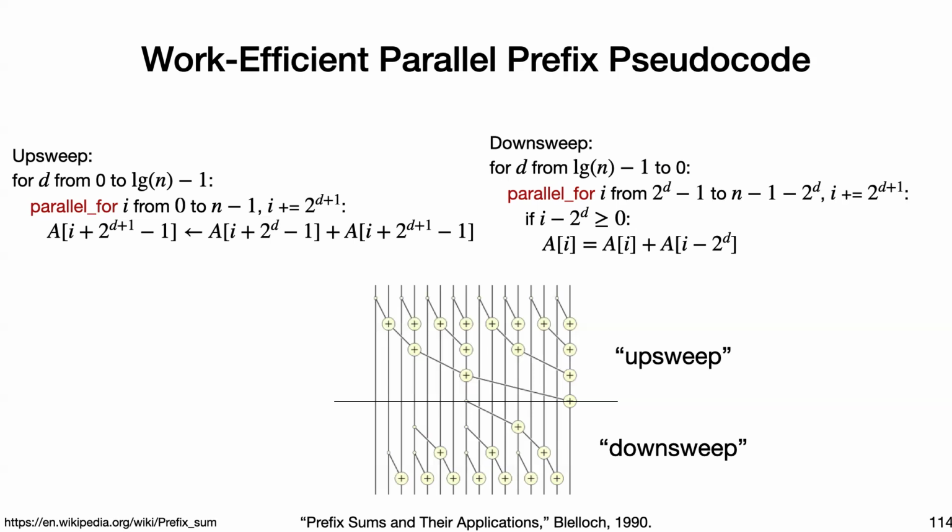Yeah, so just in the first iteration, when d is 0, just consider this layer of additions. How many additions are there in terms of n? Order n? Theta n?